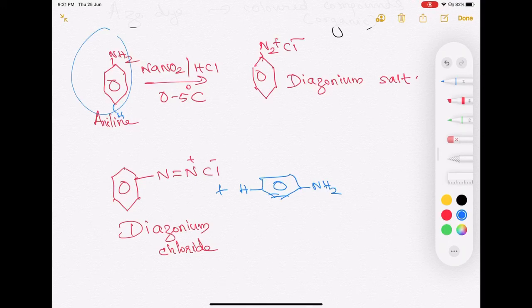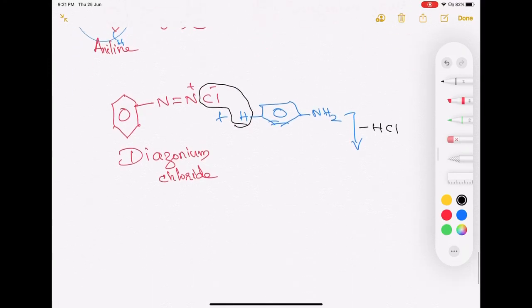Okay, after reaction what happens is this hydrogen and this chlorine combine to form HCl. That HCl I am removing from the apparatus. Then what is formed? The compound which is formed is like this. You write this part as it is, N double bond N, and after removing the HCl you connect it with the next benzene ring, and this is connected with NH2.